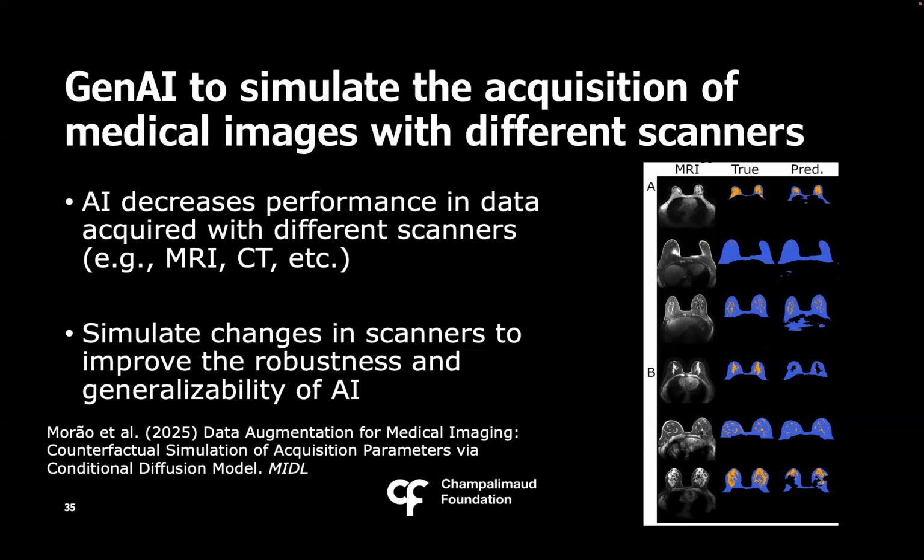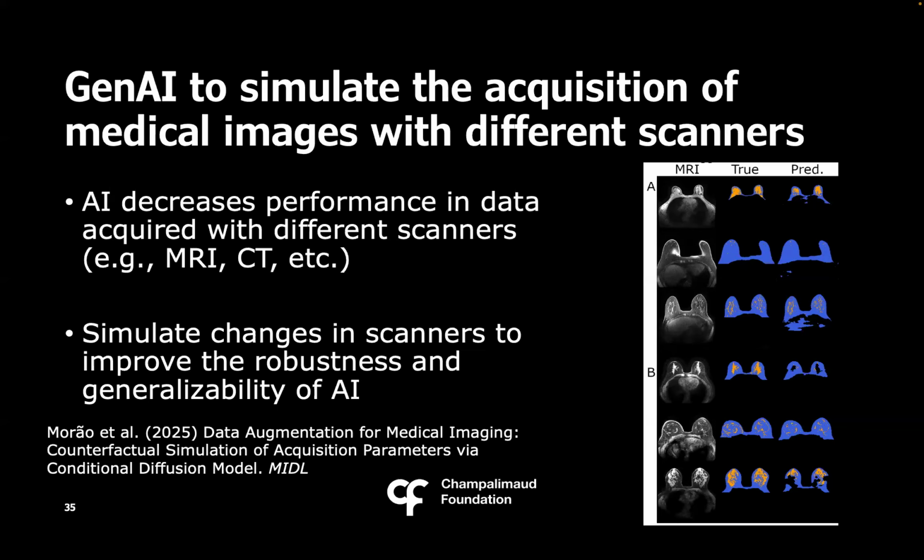But if you strip these images of the metadata and just give it the pixel data, they were able to build a classifier that would, from the pixel data, determine the manufacturer and the acquisition parameters. This means that the information is there, and it is very rich.